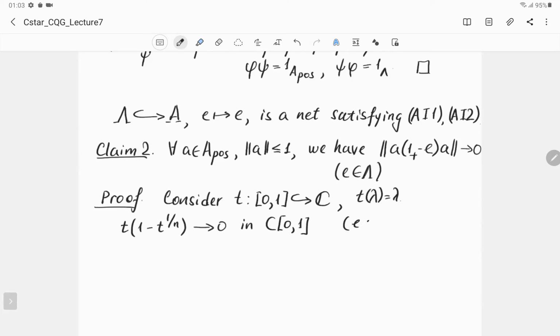Well, this is an elementary exercise in calculus. If we now apply the functional calculus to our element A, we conclude that A multiplied by 1 minus A to the power 1 over n goes to 0 in A.